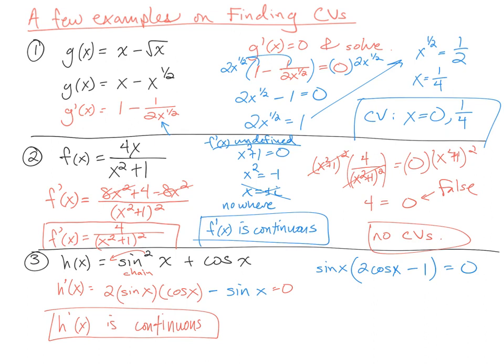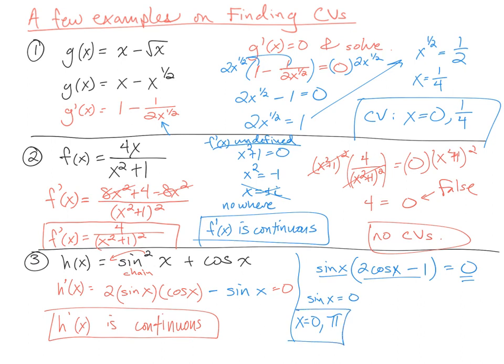So as long as we can figure out where sine of x equals 0, and we can figure out where 2 cosine x minus 1 equals 0, then we can find our critical values that way. In this, we will just limit it to the first go around on the unit circle, so angles between 0 and 2 pi. So sine of x equals 0 happens when x equals 0 and pi.